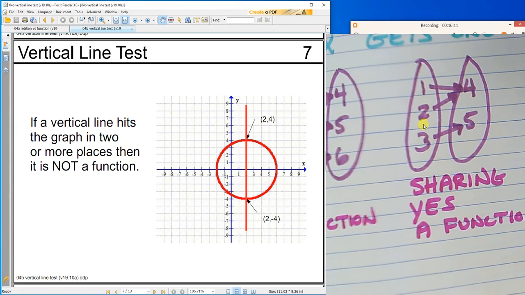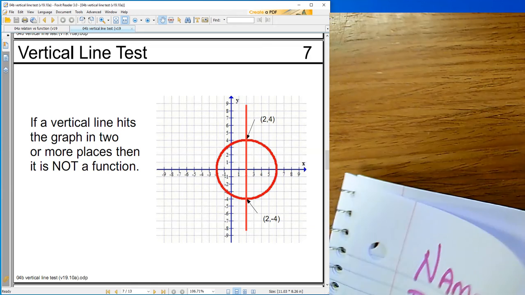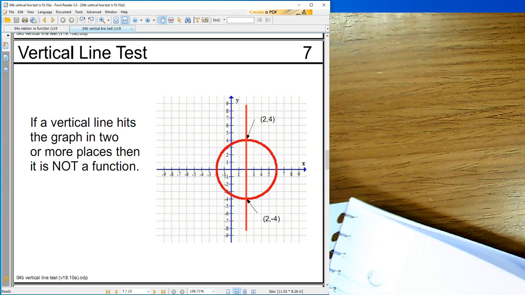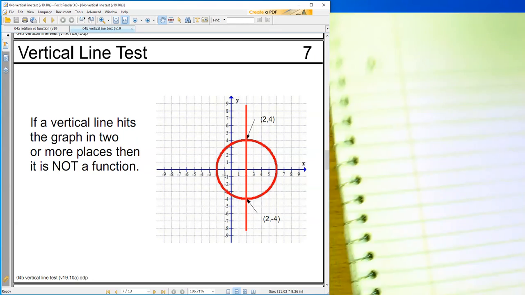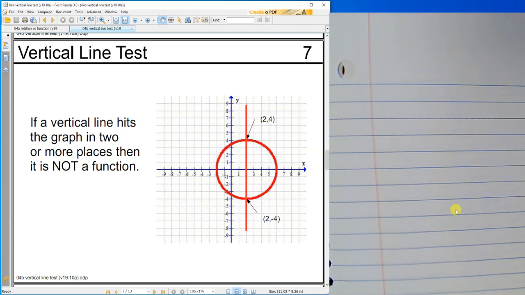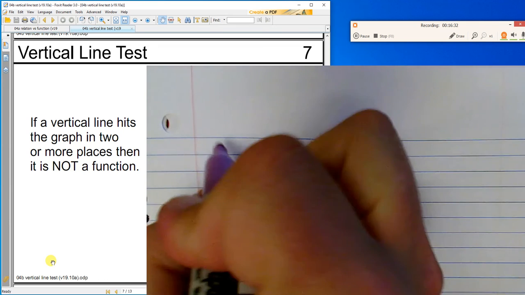So let's get this into our notes, the vertical line test. So it's called the vertical line test.